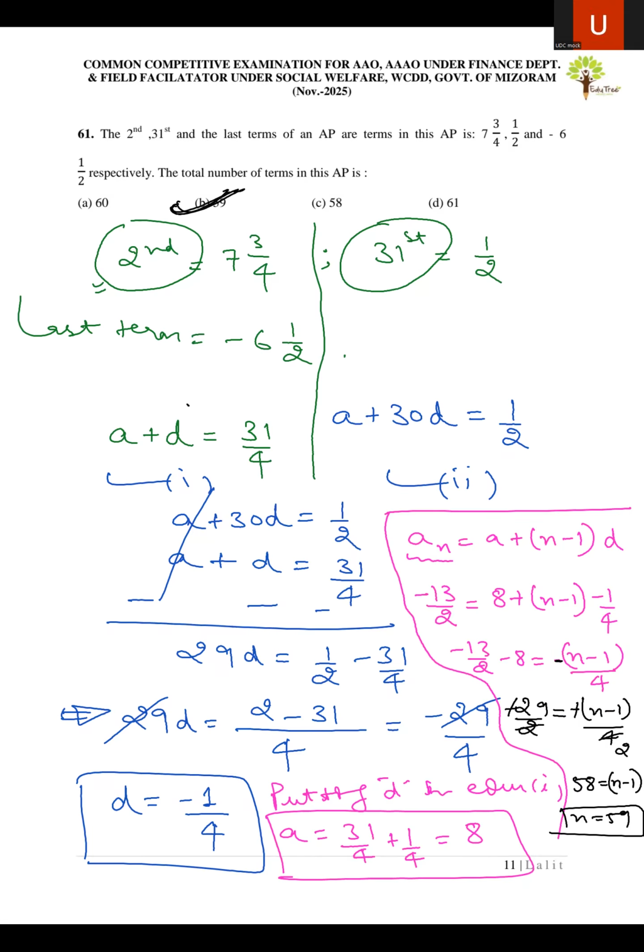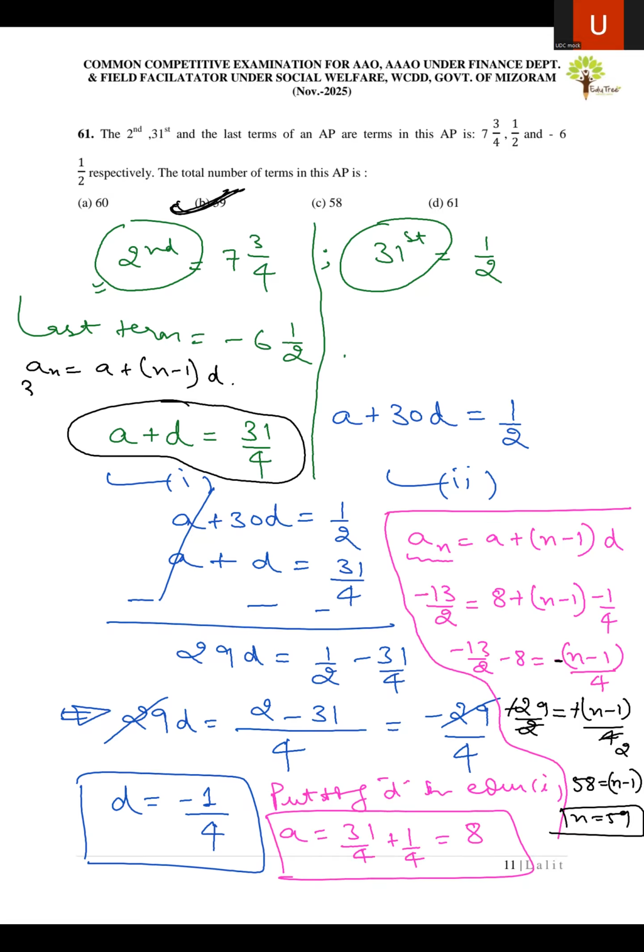Now where we got this one from, you don't have to worry about. We just used this formula. All right, an equals a plus n minus 1 multiplied by d. So we just used this one for the second term. So second term is how much? 7 3 by 4, that is 31 by 4.